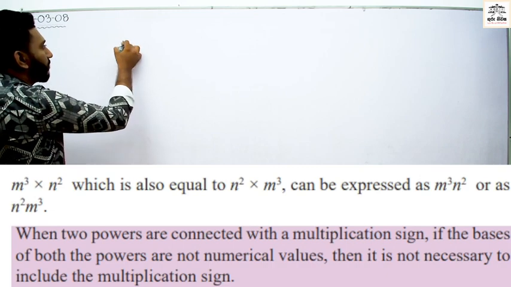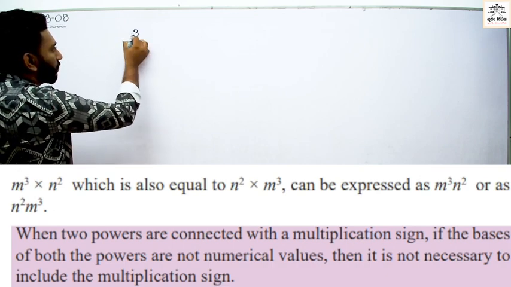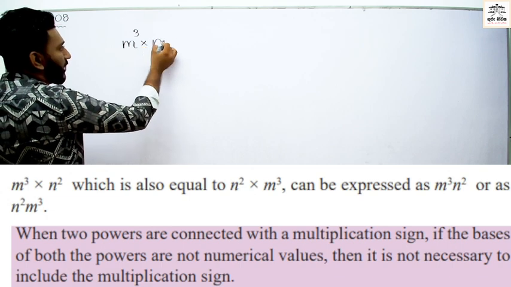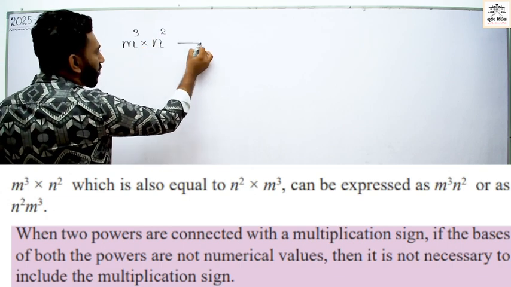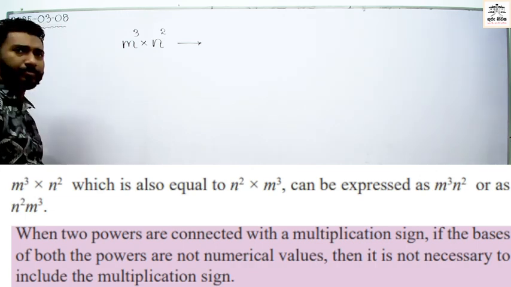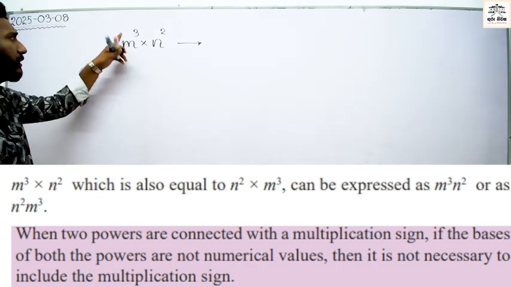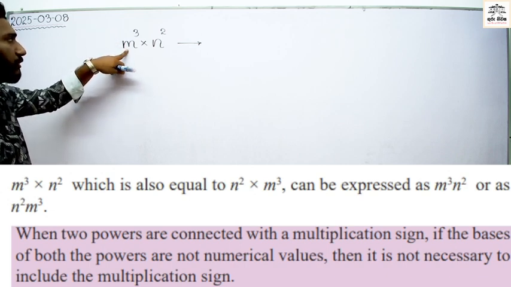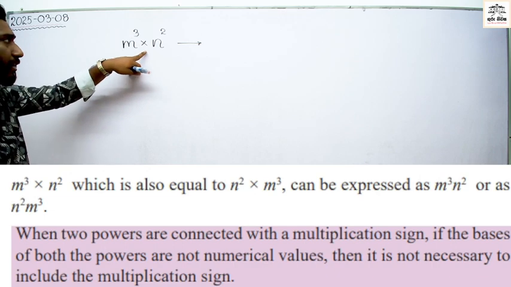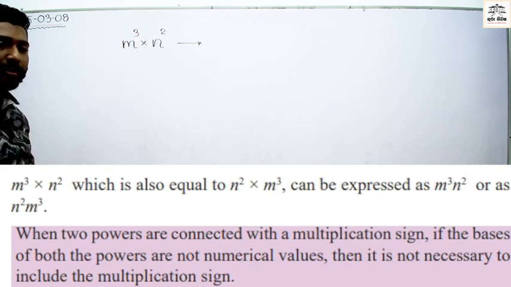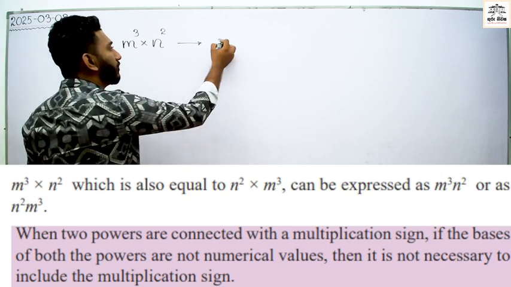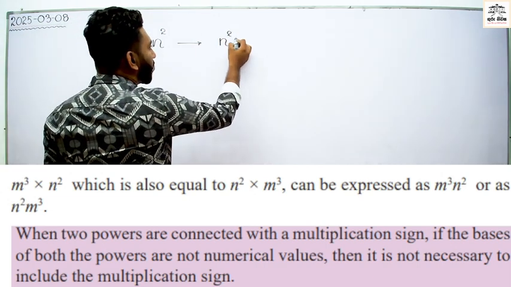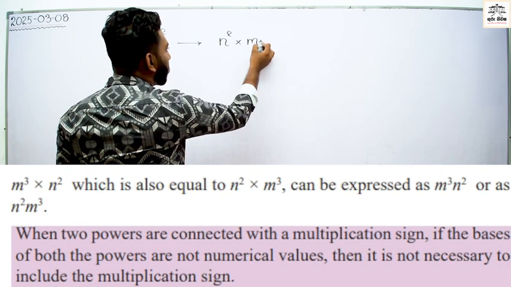This is an example: m to the power of 3 multiplied by n to the power of 2. We call this an algebraic term with symbols and powers. This is indices. M to the power of 3 multiplied by n to the power of 2 is also equal to n to the power of 2 multiplied by m to the power of 3.